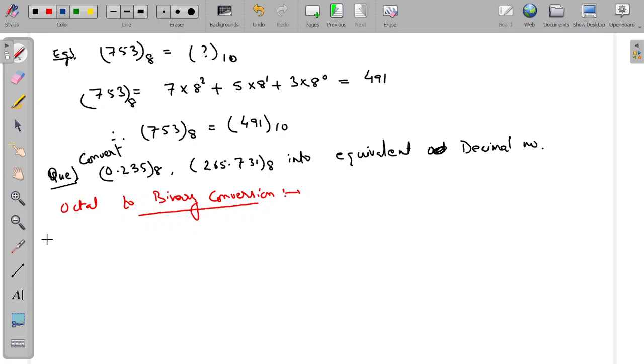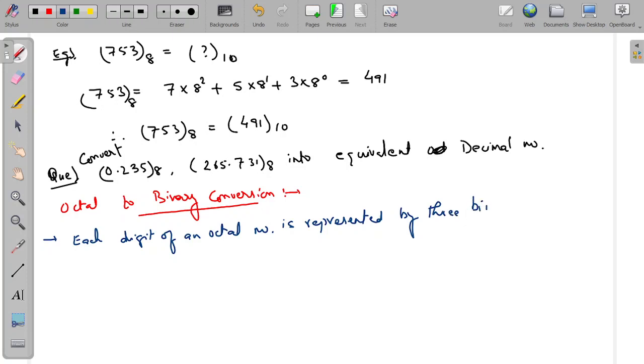For this we have to understand that each digit of an octal number is represented by 3 binary bits. So one octal digit can be represented by 3 binary bits.